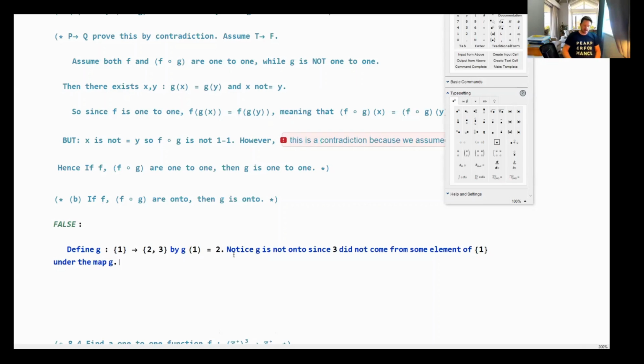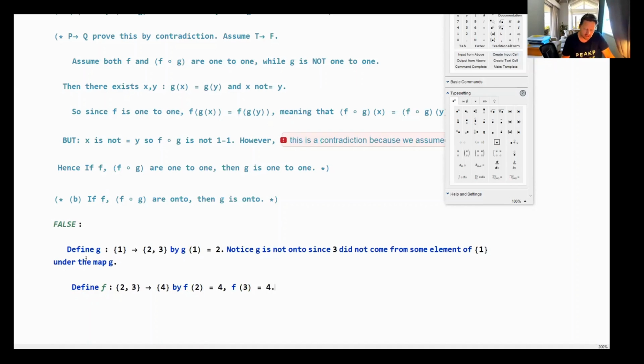All right, now next we want to define a map F. So now define F sends the set {2, 3} to the set containing 4 by f of 2 is equal to 4 and f of 3 is also equal to 4.